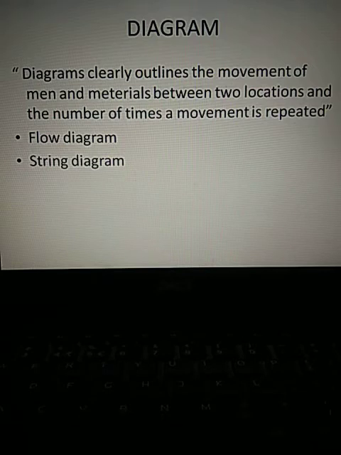The direction is denoted in terms of pictures, signals, and other special signs. That is called the flow diagram. Whereas under string diagram, the same information is provided in terms of the separation of the various departments connected with strings.